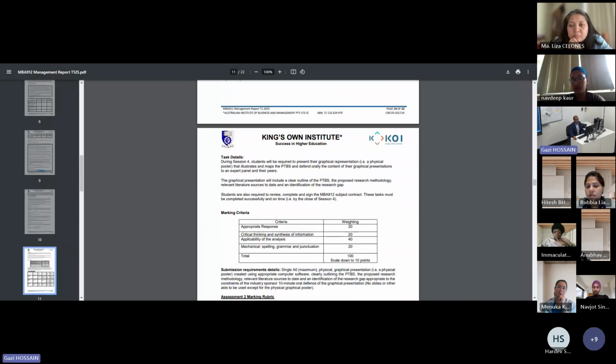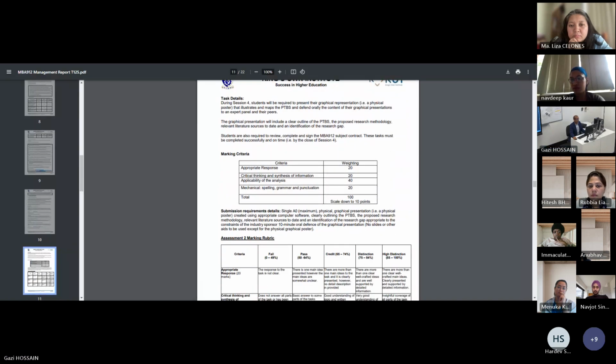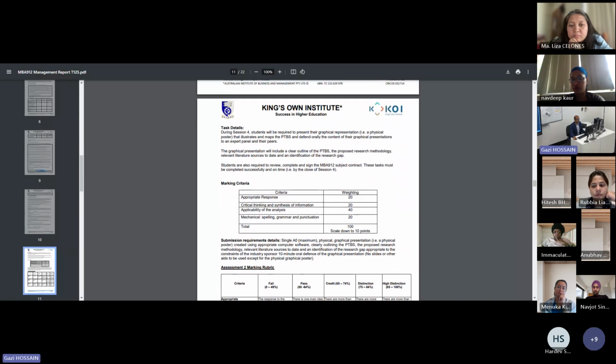In this graphical presentation, you will think about the problem to be solved, and present on it relating to the research gap.